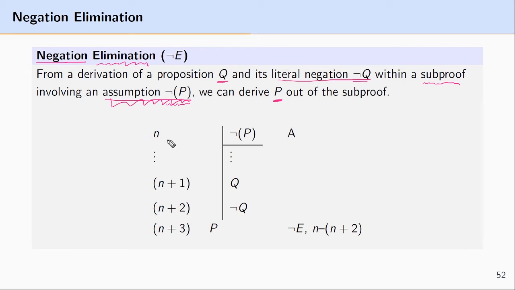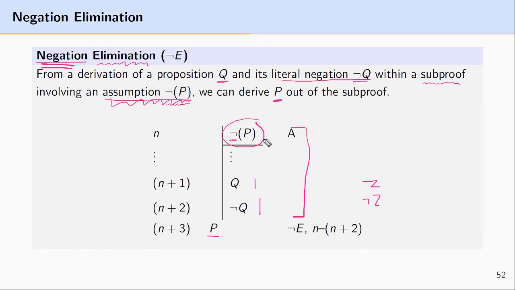So let's look at the argument structure or schematic right here. We begin with the assumption not P, which is a negated formula. We reason to a formula and its literal negation. In this case, we have Q and not Q. But remember, this can be any formula and its literal negation. So it could be, let's say, Z and not Z. And then from this entire subproof, we're reasoning to P. That is, we're reasoning to a formula that involves the removal of one of the negations, the main negation in the assumption.